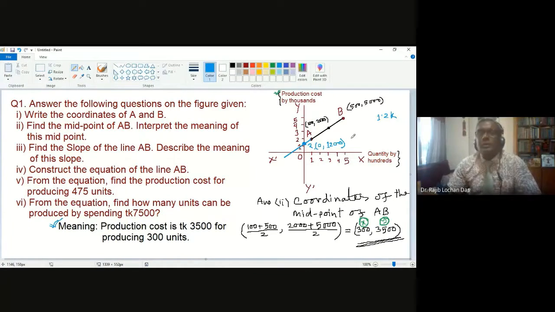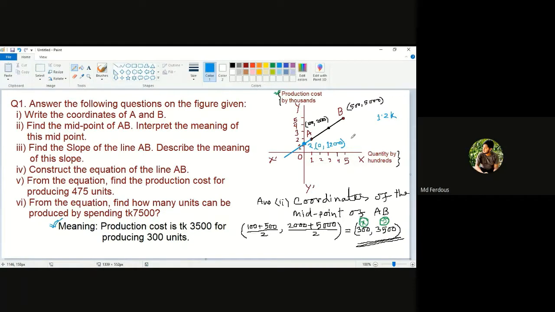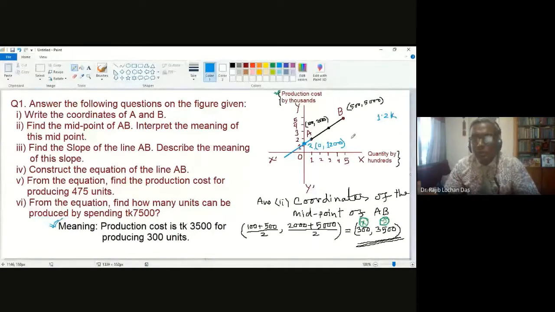Yes, correct. So is this okay or do you find something confusing? Sir, I am a little bit confused because if I don't produce any units, how will my production cost be spent? Good. Very good understanding. It is okay.